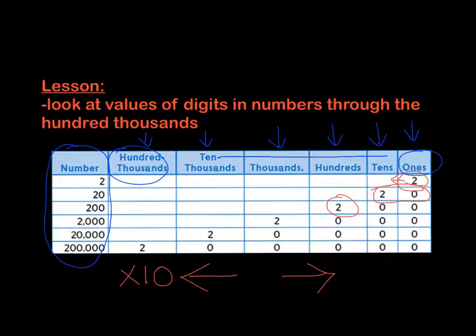If I have 200 and divide by 10, do I get 20 to move backwards in our place value system? The answer would be yes. So if I move to the left on the place value chart, each time I move, I am multiplying by 10. If I move to the right, I would be dividing by 10.